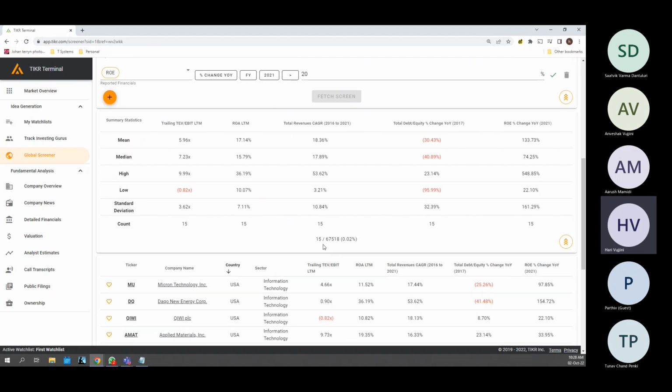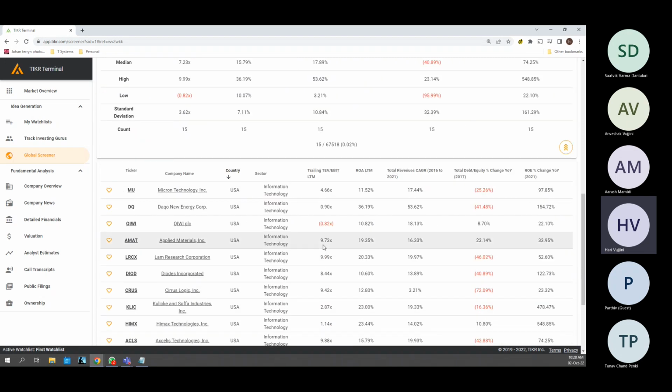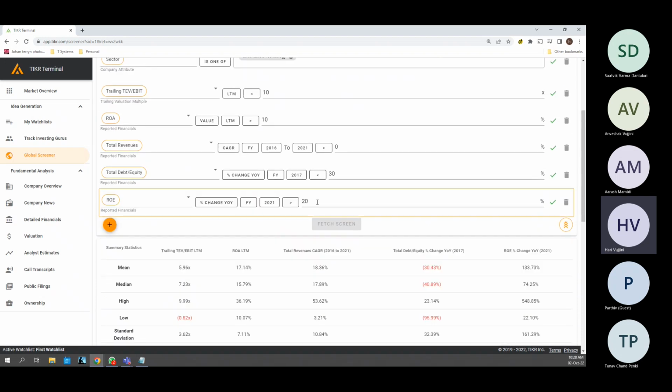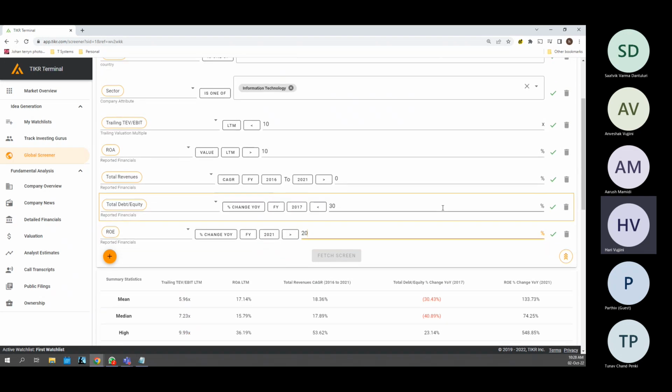So I got 15 companies now. Basically I'm saying all the companies who made more than 20% on the equity of the company.